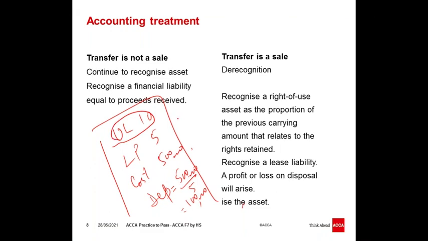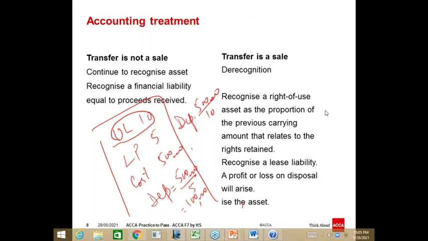So in that case, you need to charge depreciation at 500,000 divided by 10. If it is certain that the asset will be transferred at the end of the lease term, then it will be depreciated on the useful life. Very good. Absolutely right.